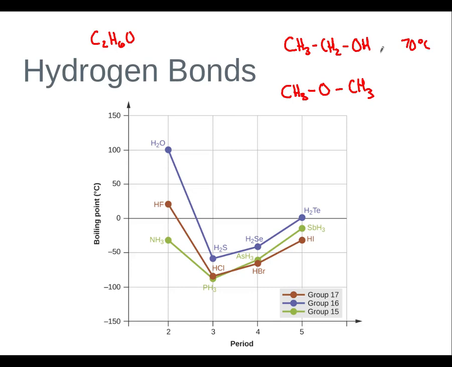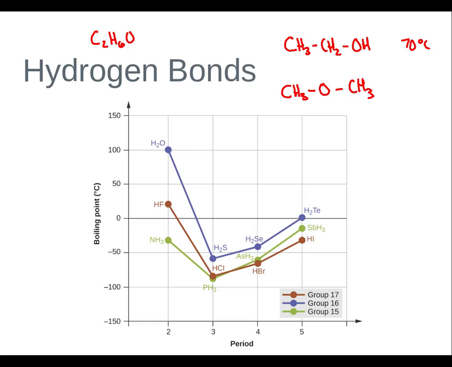Now, you might think, since I mentioned Sterno, that the dimethyl ether is going to have a higher boiling point. Well, what's throwing you off is that the gel that makes up Sterno is there just to keep it from evaporating.